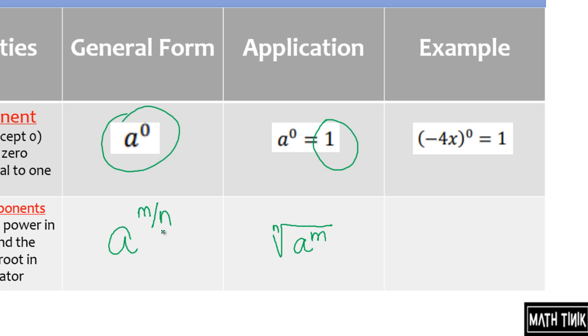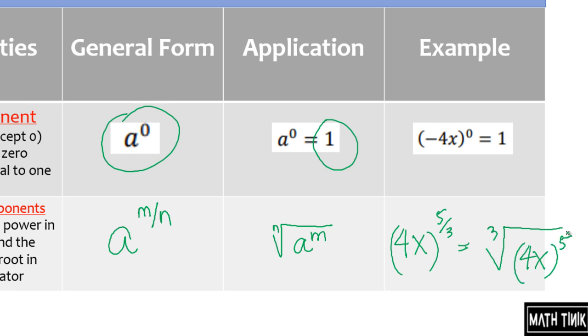So your denominator here will be the index of the root, and your numerator m will be the power of your base. Okay, let's have this example. We have 4x raised to 5 over 3. You may write that as the cube root of 4x raised to 5.